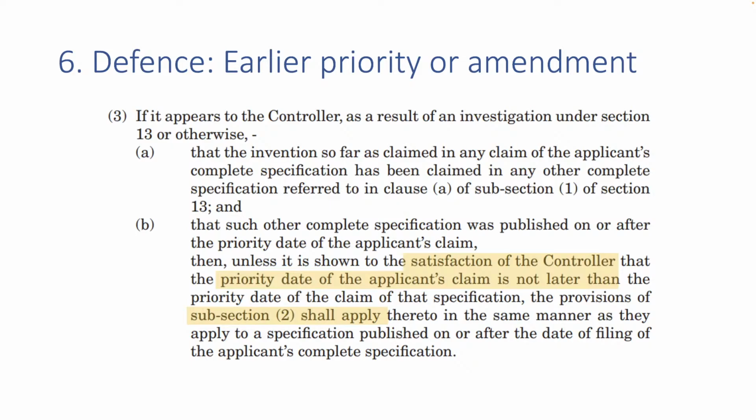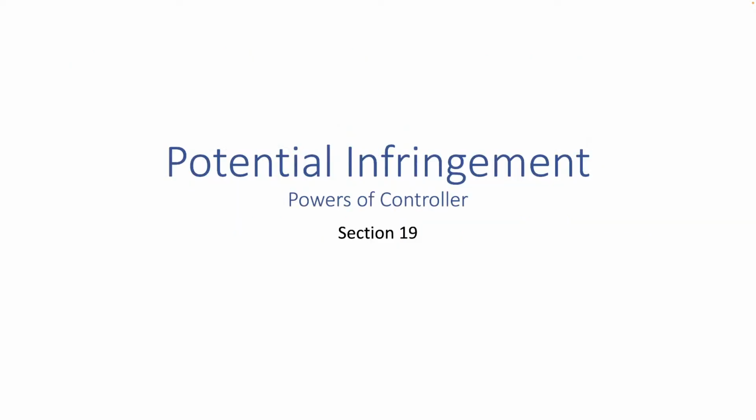The third, when there is an investigation done, again based on the documents, the controller can refuse the application, but again you have the power as an applicant to satisfy the controller, raise the defense that your priority is earlier, or you can amend the application.